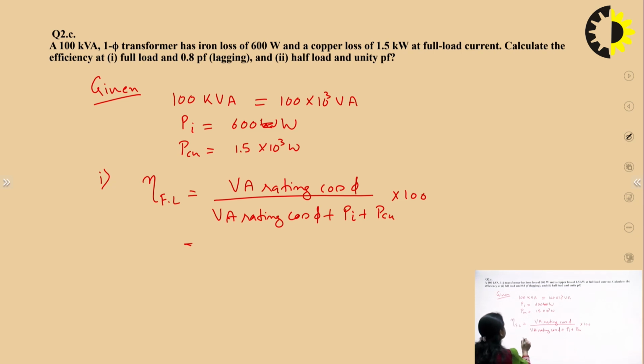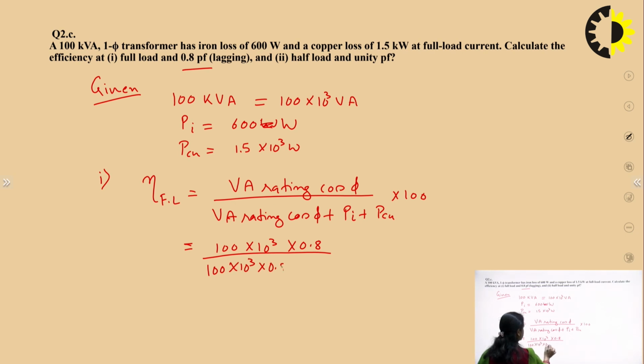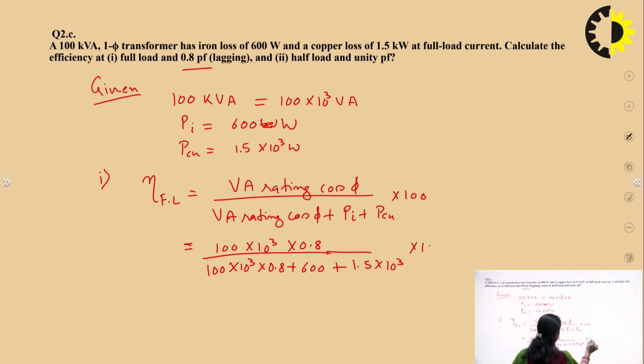So VA rating is given 100 into 10 power 3, and the power factor for this is given 0.8. So this is 0.8 divided by again VA rating, that is 100 into 10 power 3 into 0.8 plus iron loss is given 600 plus copper loss is given 1.5 into 10 power 3, into 100.